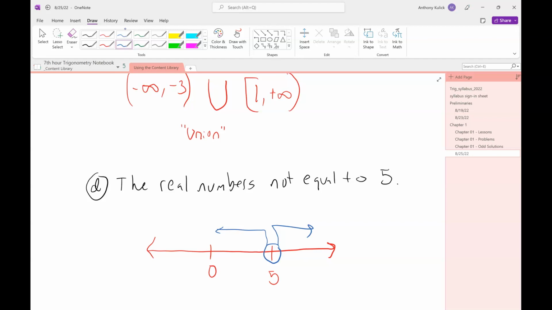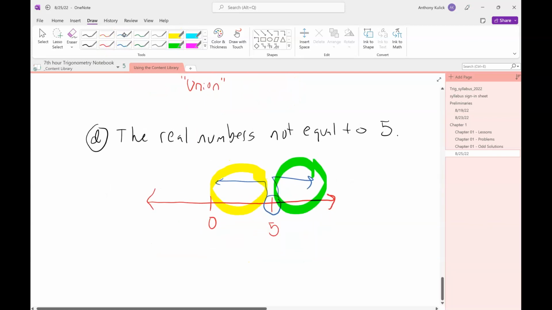What word did I use there? We used "or," right? The things less than 5 or the things greater than 5. It's a hidden "or" problem. Oh no! That's okay though. So again, we're going to have 2 intervals. For the yellow interval, the lower bound is negative infinity.